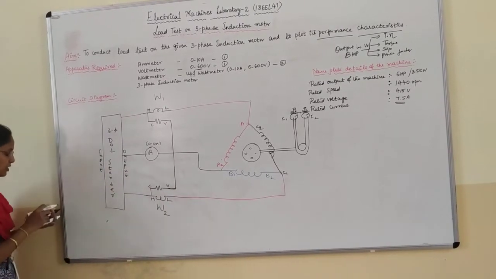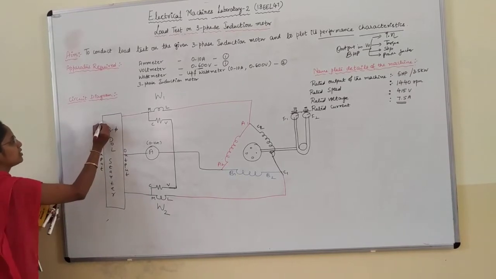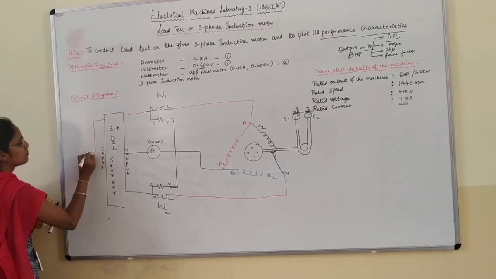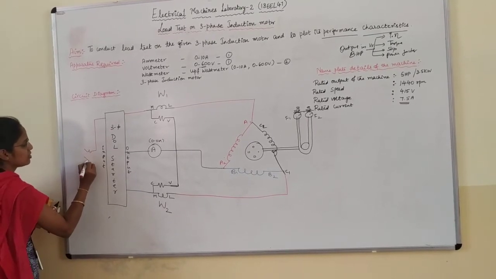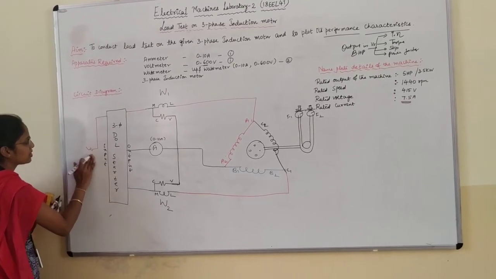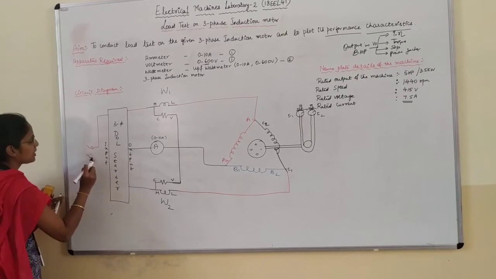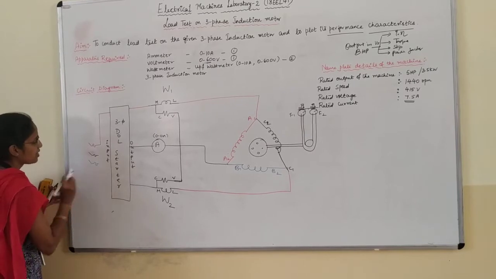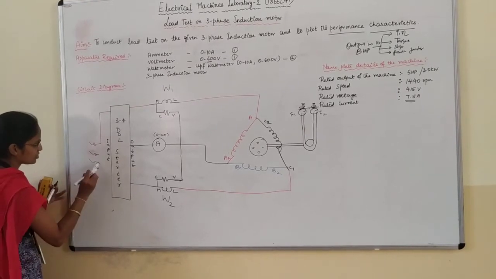Next, coming to the input of a DOL starter, we will find once again there will be an R, Y, B phase. So that will be connected to the input switch, right? There will be a protective means by the fuse, where you can indicate this, and further you can connect it.